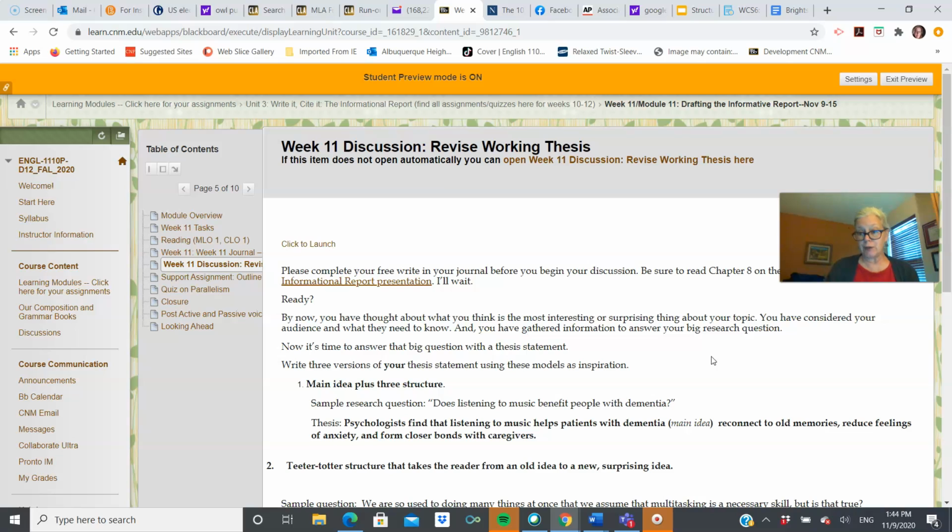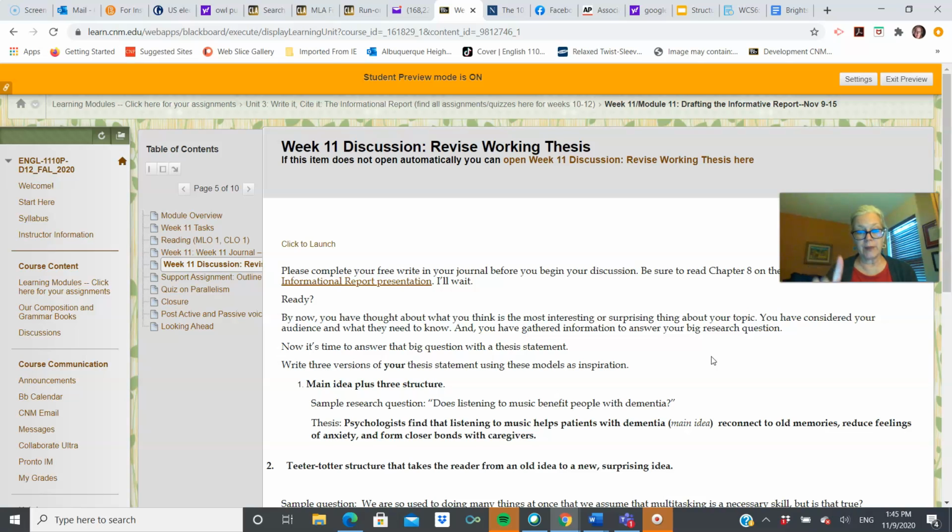Well, there are different structures that we can use as we go deeper into our research, deeper into our ideas, deeper into what's interesting and surprising, honing those research questions. Then we can answer them with a zippy cool thesis. Now, the zippy cool thesis, if it's structured well, will be a map for the structure for the entire essay. Did you catch that? It's a junior outline.